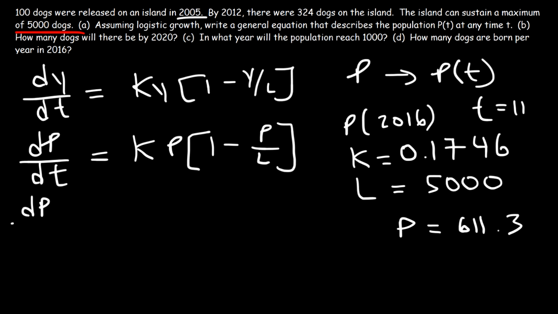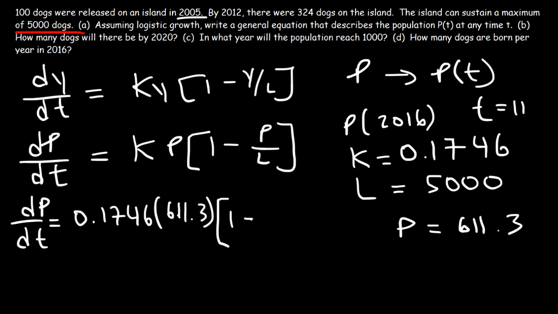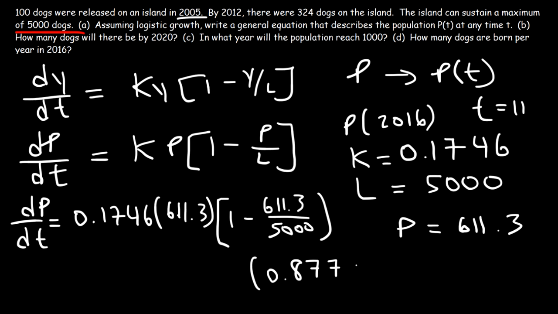So dp dt is going to equal k, which is 0.1746, times p, which is 611.3, and then times 1 minus p divided by L, which is 5,000. 1 minus 611.3 divided by 5,000 is 0.87774 times the other two numbers.